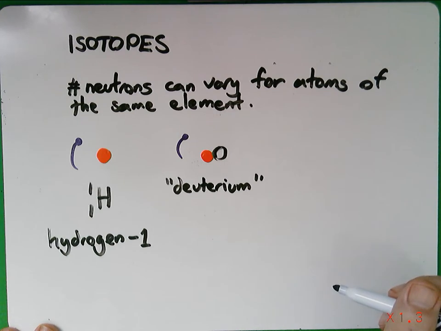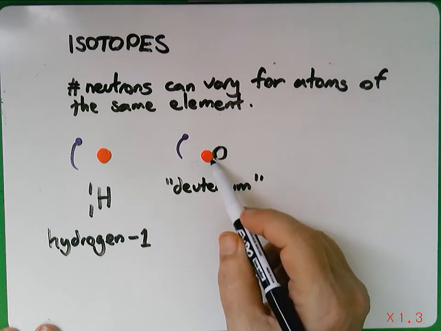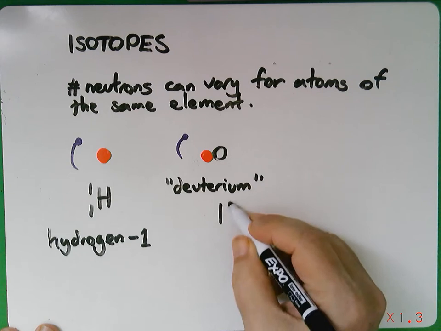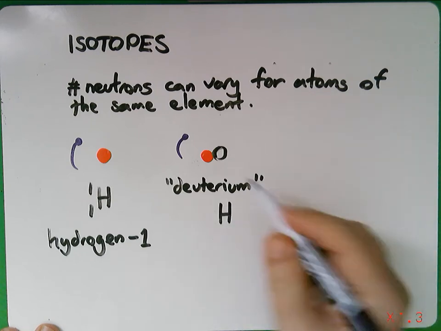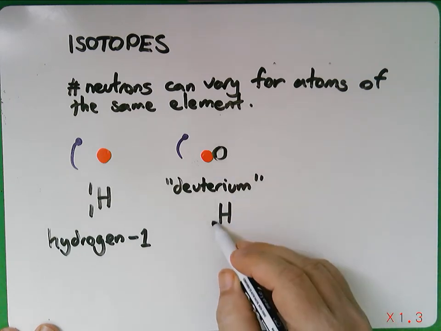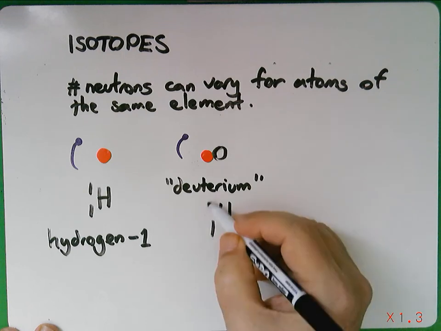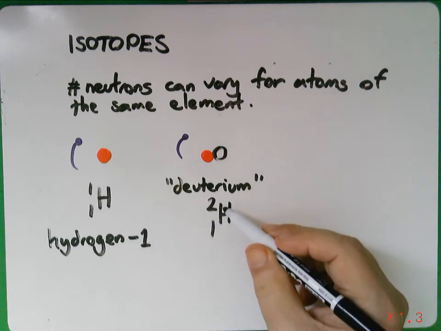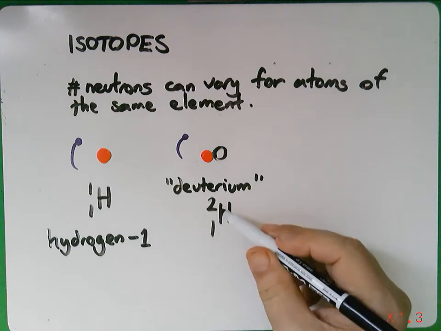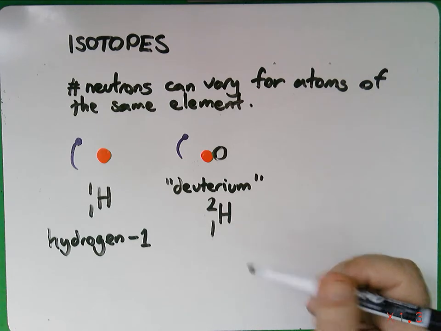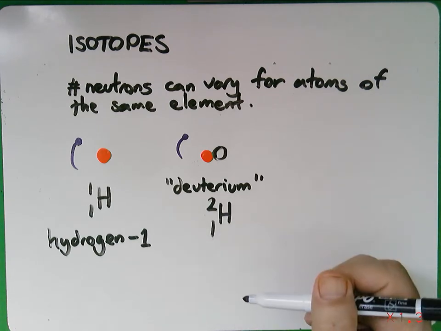Let's write a nuclide symbol for it. It's got atomic number 1, so it's still going to be hydrogen. It's got mass number 2. So atomic number goes down here. The mass number goes up on top. Remember, they're top heavy. The mass number always goes up on top. That'll keep you from mixing these two numbers around.